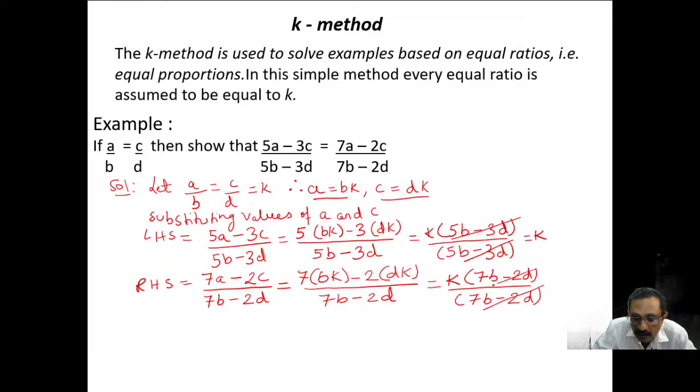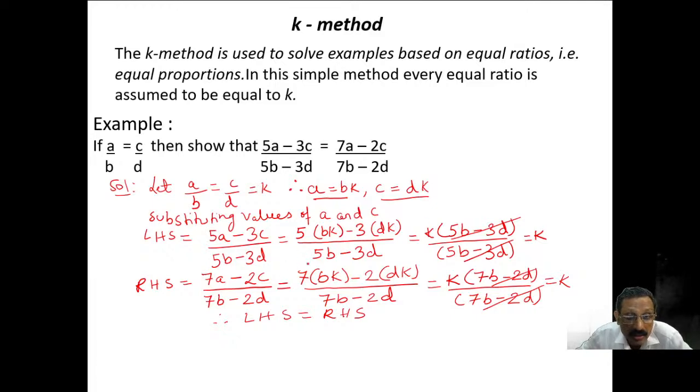This is gone, this is gone. What is remaining? Remaining is K. Now we saw here that therefore LHS is equal to RHS. A simple example we solved just now to see how a K method works.